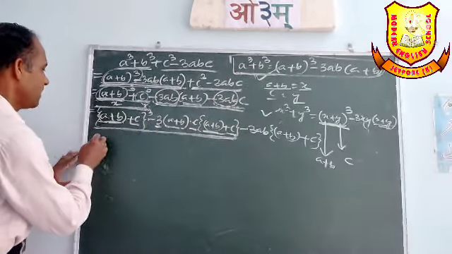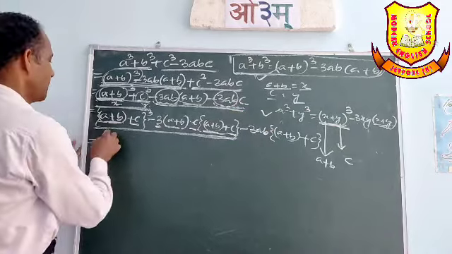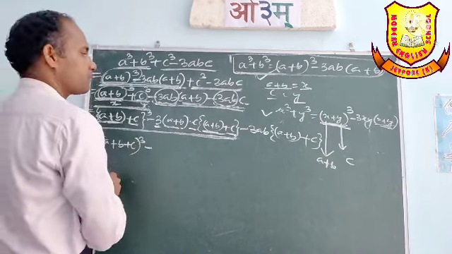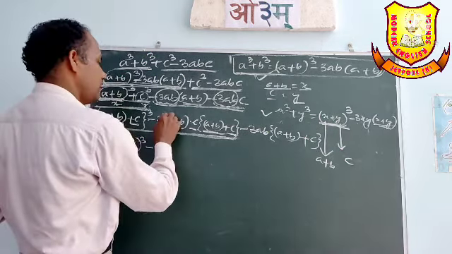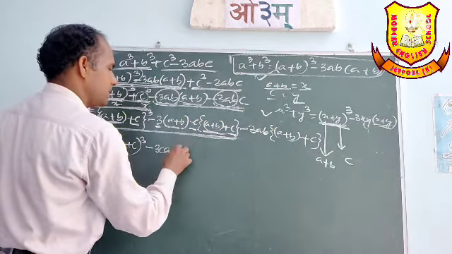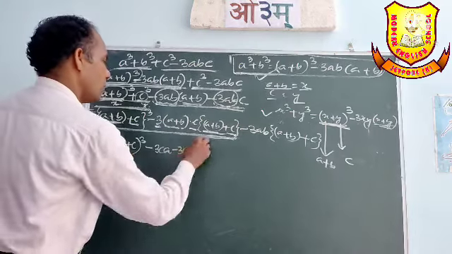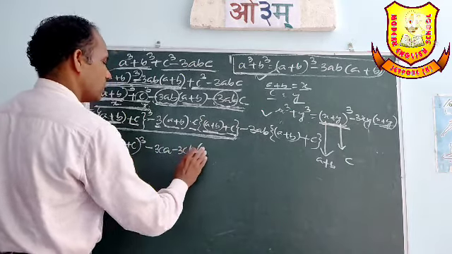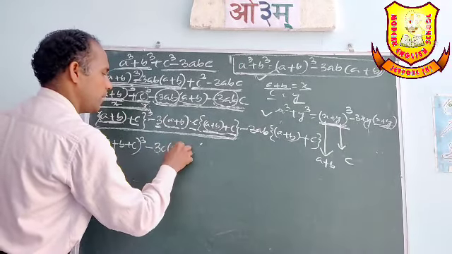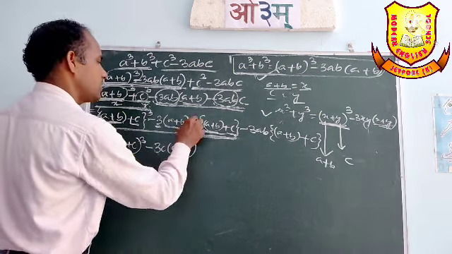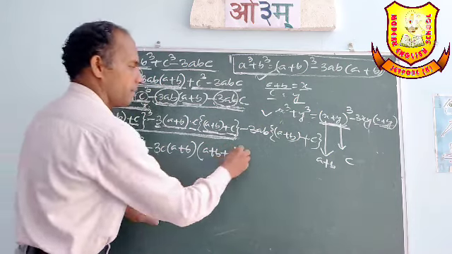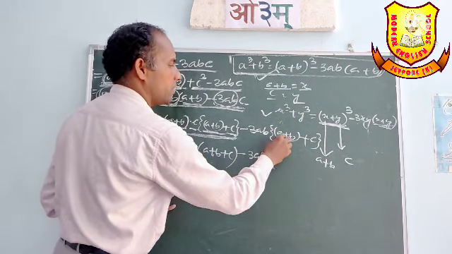Now this one we will simplify. (a plus b plus c) whole cube minus 3c into a, minus 3c into b, that is minus 3c whole into (a plus b), minus 3ab whole into (a plus b plus c).